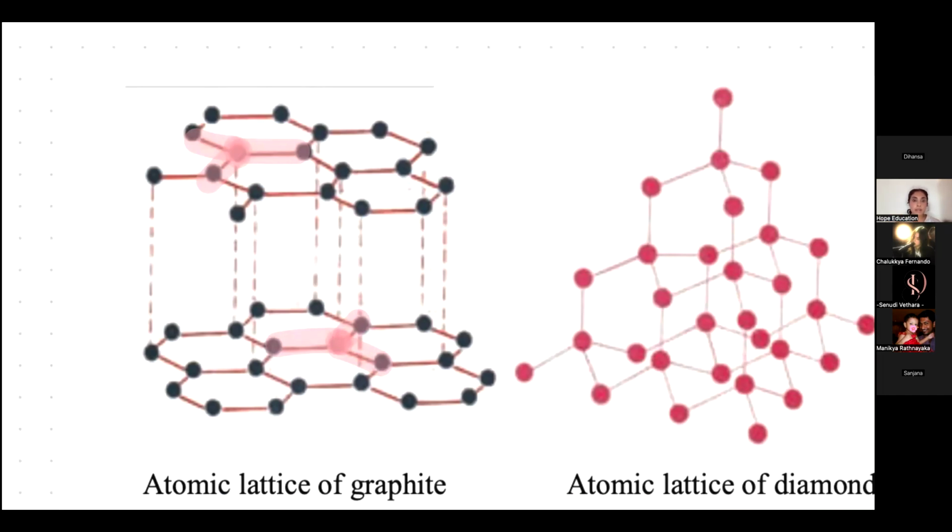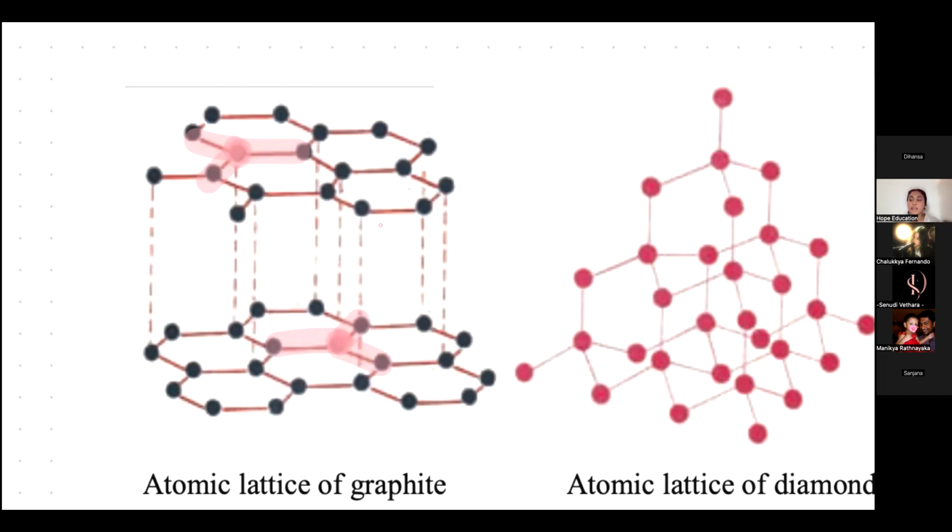Here, 1, 2, 3, the black dots are all carbon atoms. Here 1, 2, and you can't see it in this part, but there's a 3rd one bonded here. Is that clear to all of you? Thumbs up.